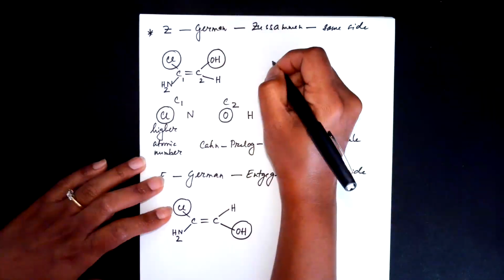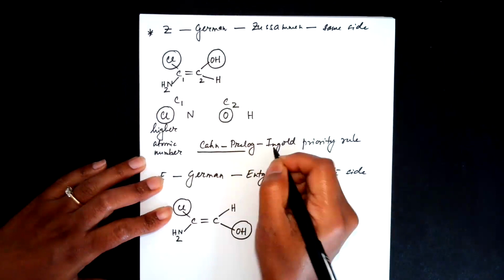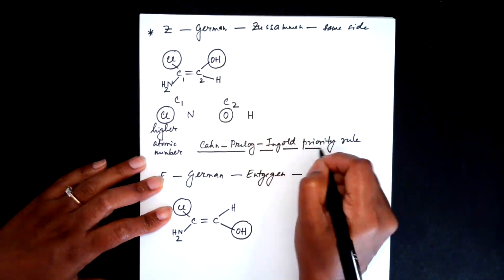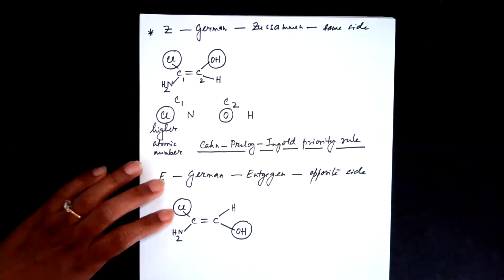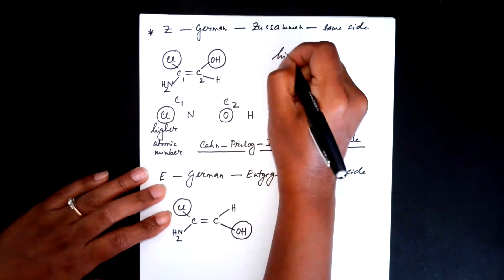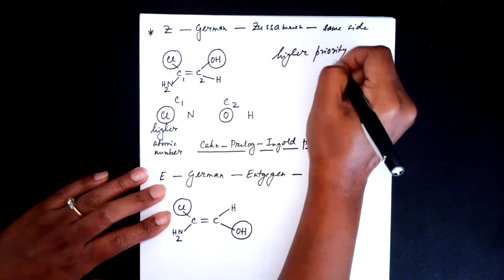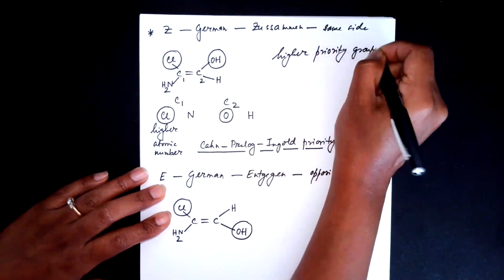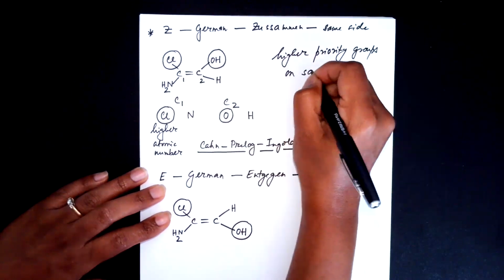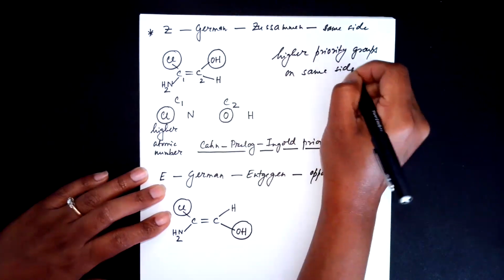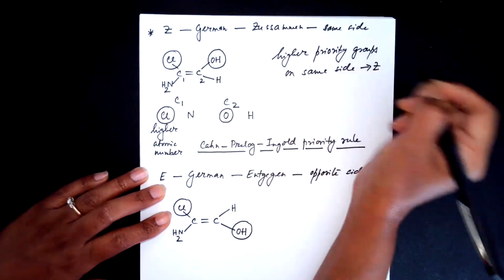So determine priority using your Cahn-Ingold-Prelog priority rule, and then when higher priority groups are on the same side, call it the Z isomer.